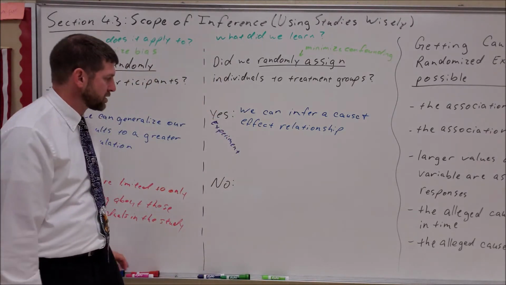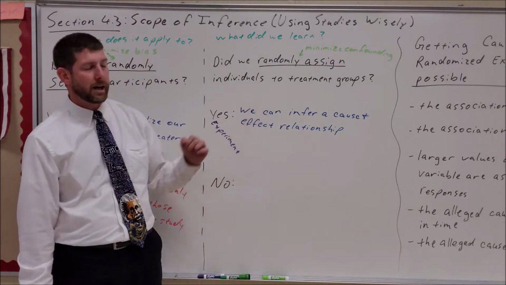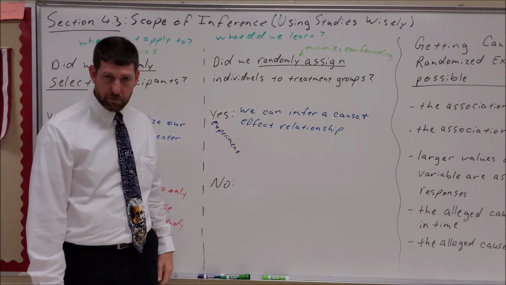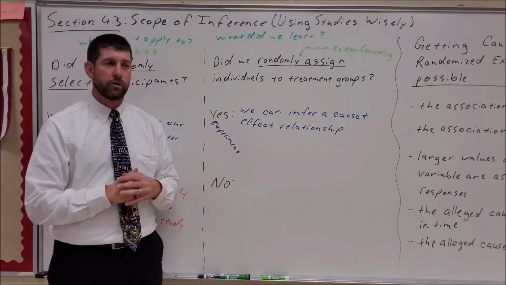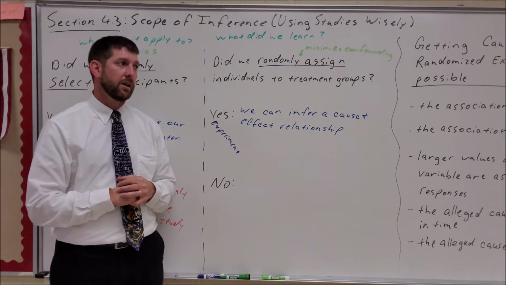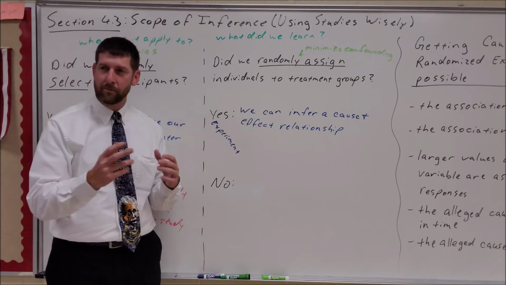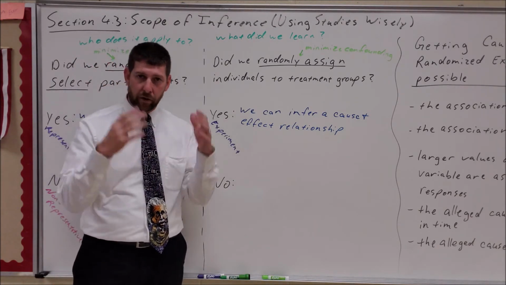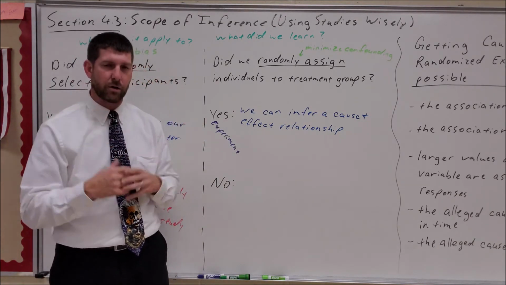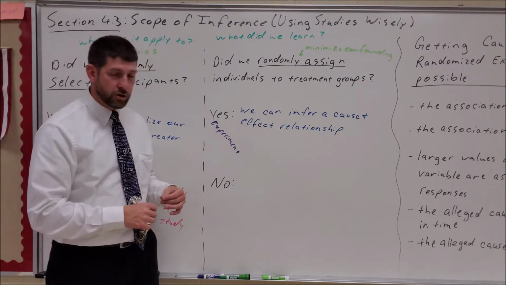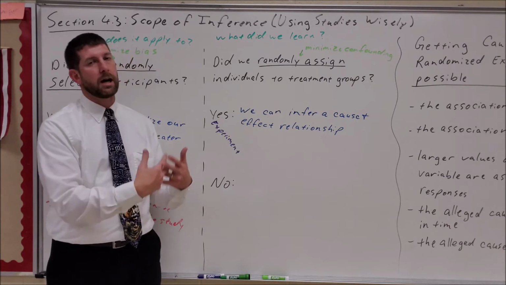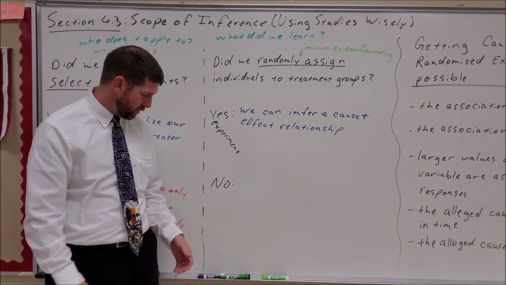Sometimes we get situations where it's not possible to randomly assign individuals to treatment groups. Sometimes they're just stuck with the explanatory variable. So if I was doing something off of eye color, I could put contacts in somebody, but if I'm talking about true eye color and how they react to their own eye color, I can't randomly assign somebody an eye color. So that's a situation where we're not able to randomly assign what's going on.